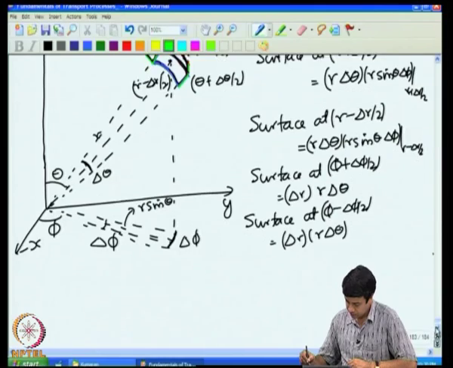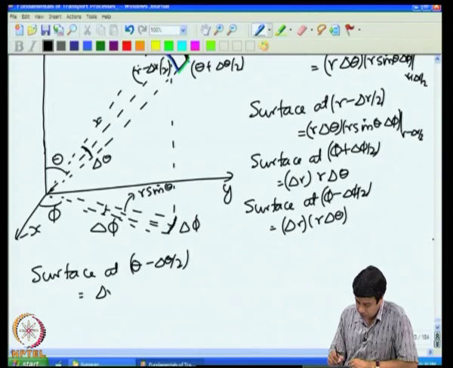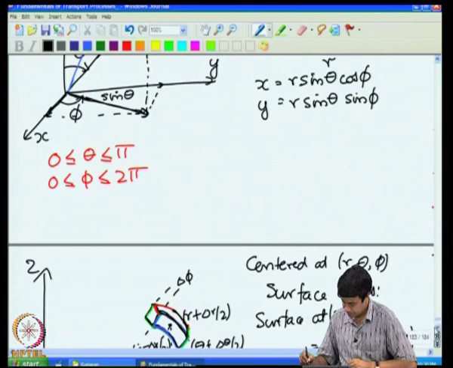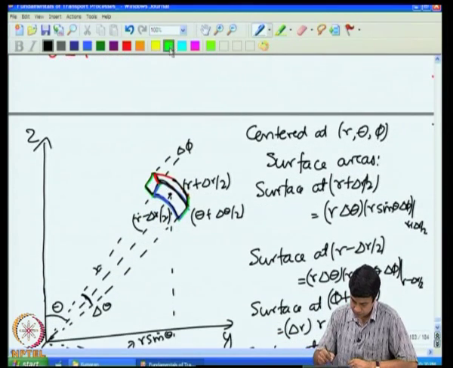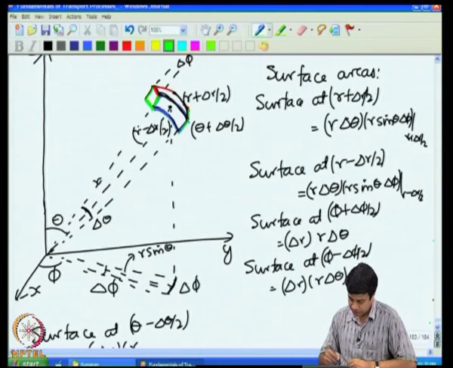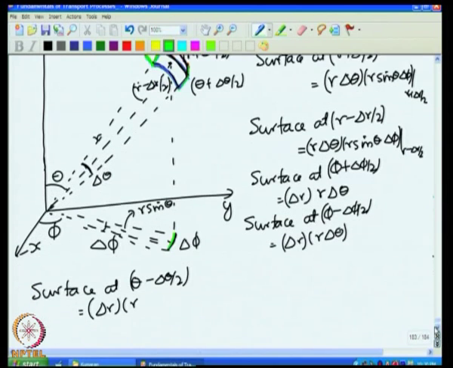Therefore, the area will be equal to delta r times this distance, which is travelled along the phi direction. I told you that this distance is r sin theta. Therefore, the distance that you travel along the phi direction is going to be equal to r sin theta times delta phi.